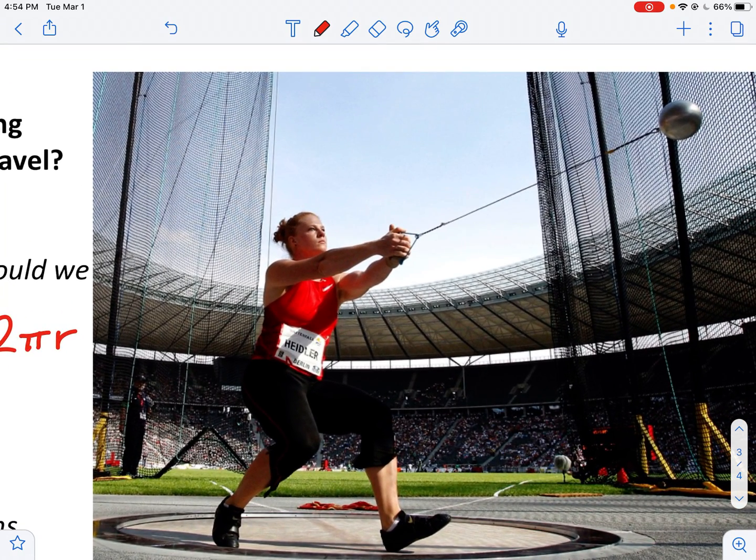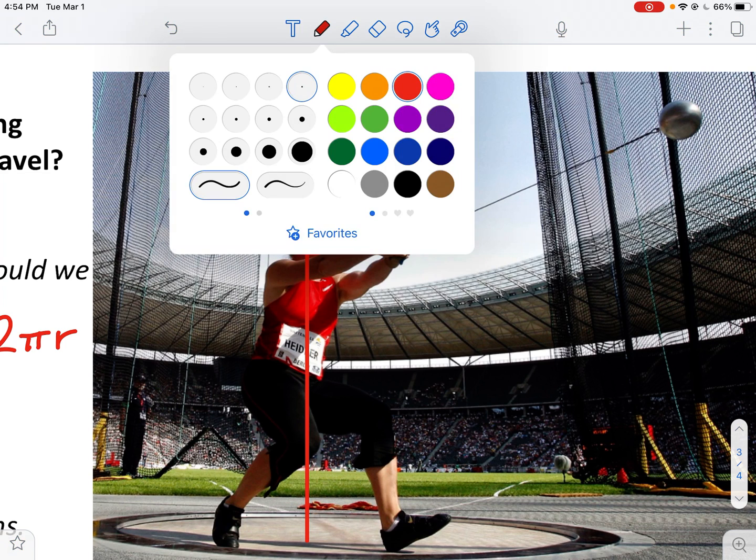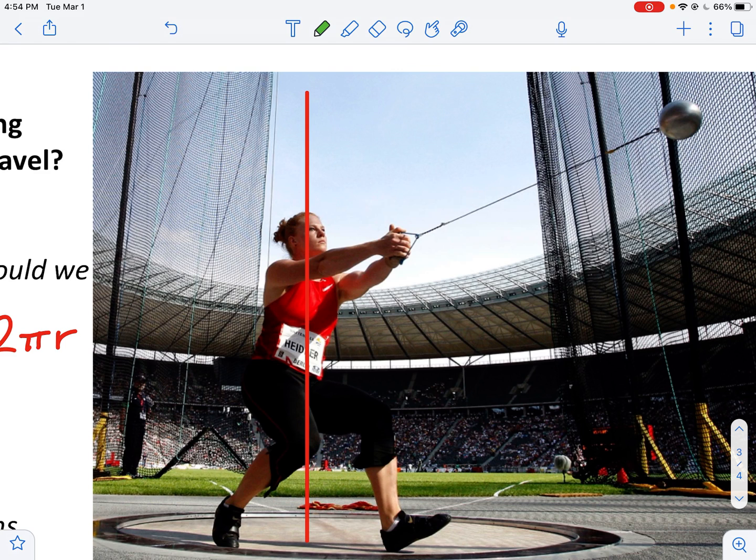So if this hammer thrower is spinning about an axis, if she's spinning in the center of the circle, then the radius of the circle is going to have to be the distance from her body, including her arms, to the hammer at the end. So that's both her arms and the length of the hammer.